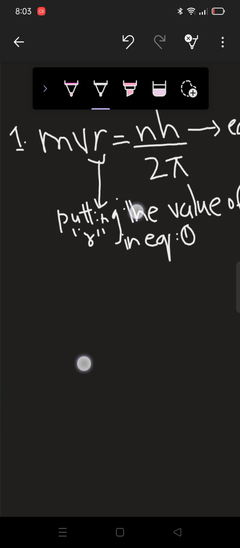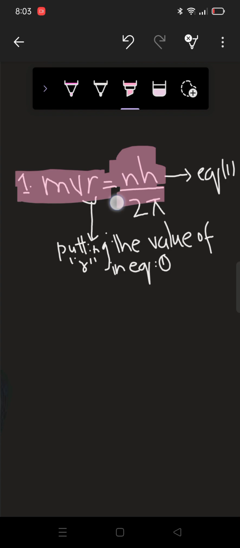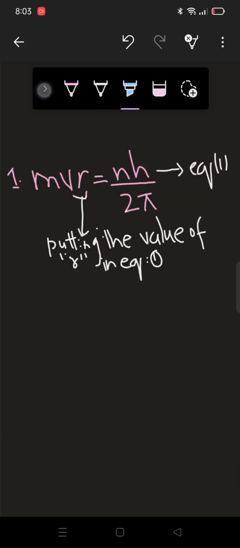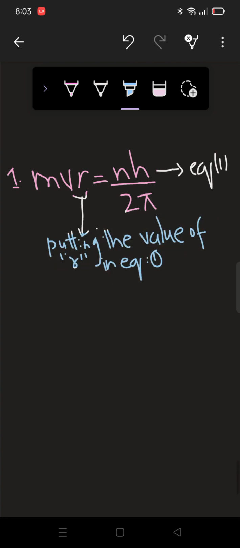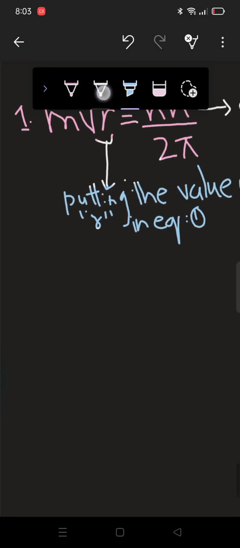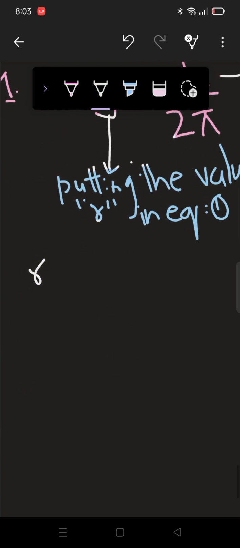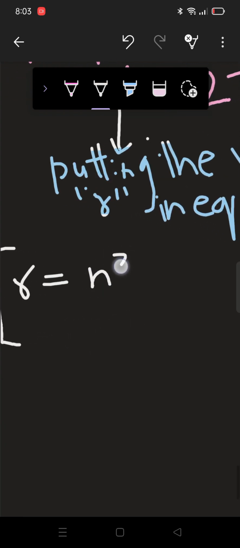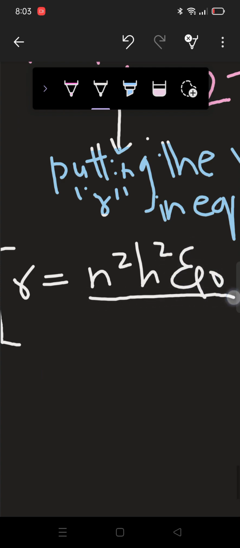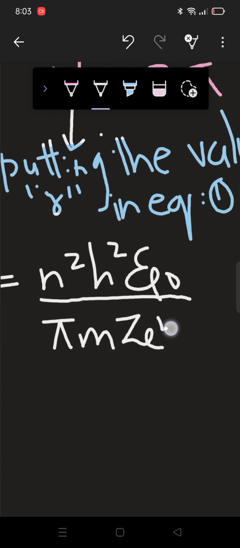So let me write this formula here. Let me highlight this so that I do not create any confusion here, right? So now we have the value of r, which is equal to n square h square epsilon naught upon pi m z e square, right?